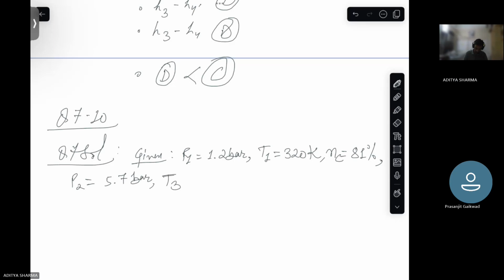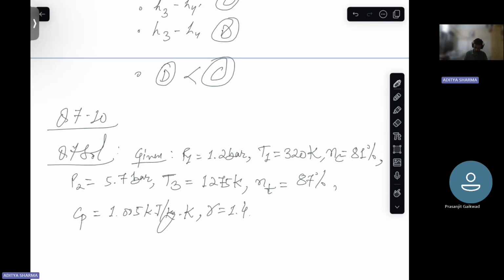T3 is 1275 Kelvin. And turbine is 57%. Then specific heat is this. Gamma is 1.4.